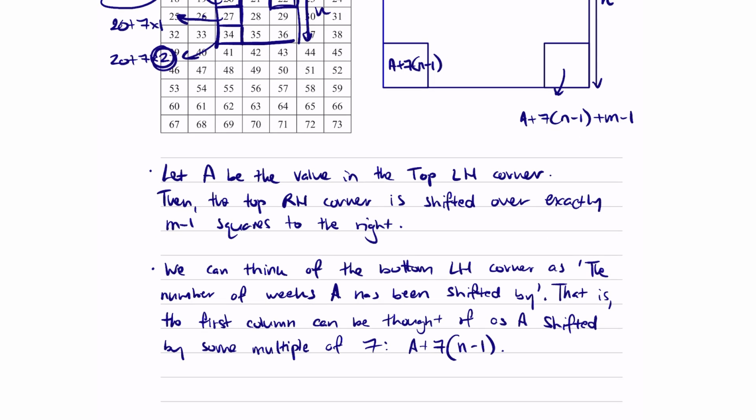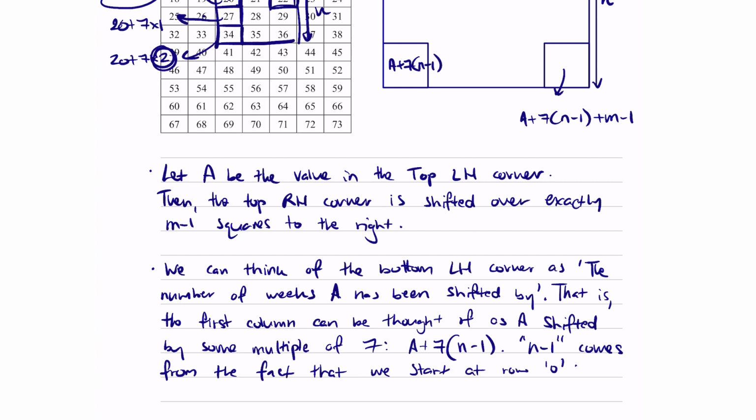So we'll say n minus 1 comes from the fact that we start at row 0.